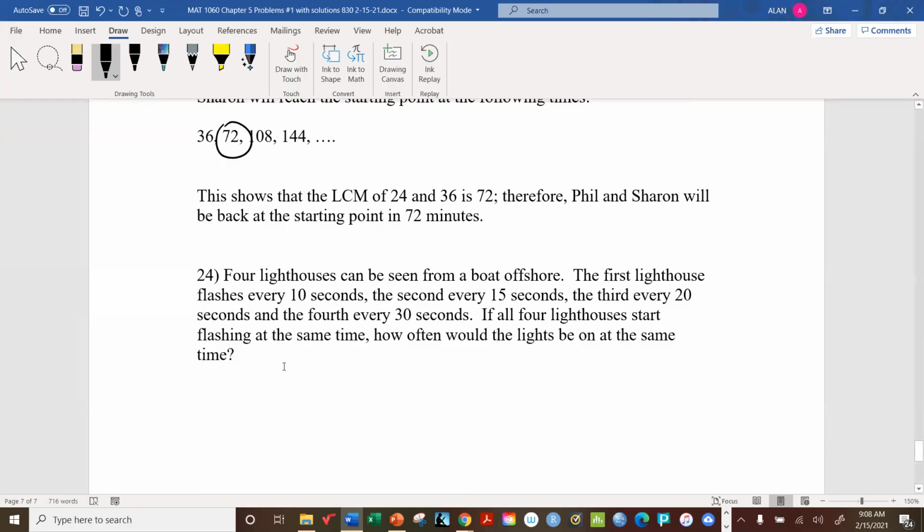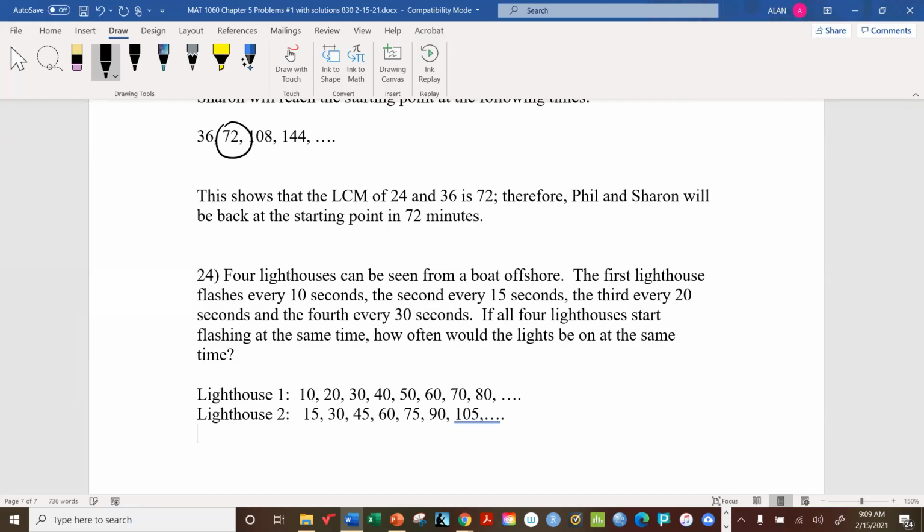Well, guess what? This is another least common multiple problem, but it's applied to 4 rather than 2 lighthouses. And that's certainly fine. Lighthouse 1, every 10 seconds. So it'll flash in 10, 20, 30, 40, 50, 60, 70, 80, etc. seconds. Lighthouse 2 will flash every 15 seconds: 15, 30, 45, 60, 75, 90, 105.